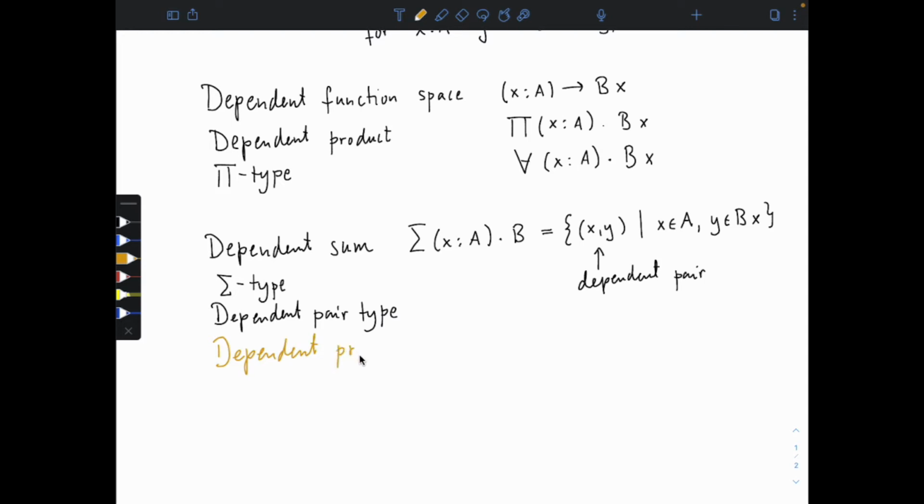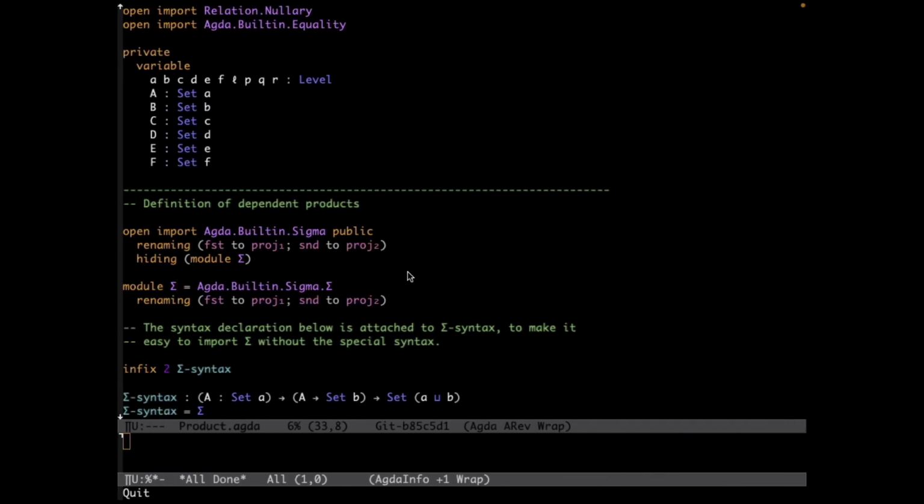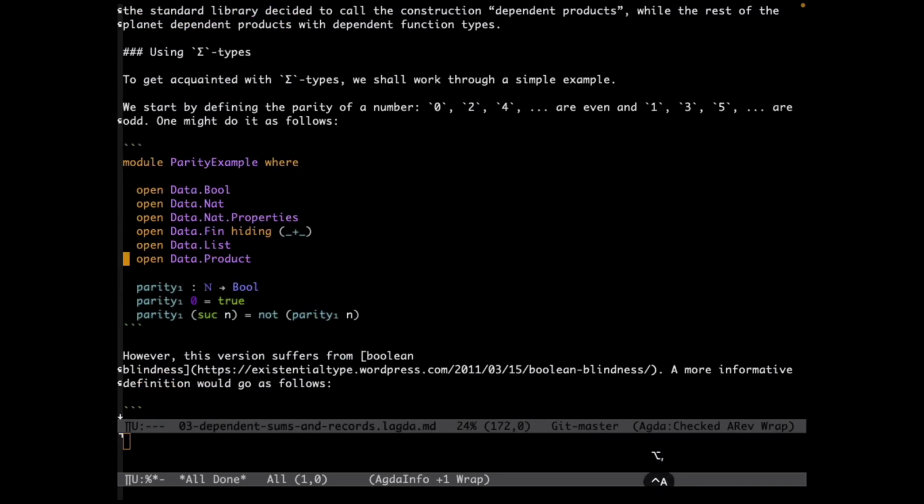I don't know of too many people who do this, but the Agda standard library does. You can follow my Twitter discussion on this. So I will avoid using the word dependent product for dependent sums, and I'll try my best not to create further confusion. We will look at the definition in a moment. Let's just try to write something down.